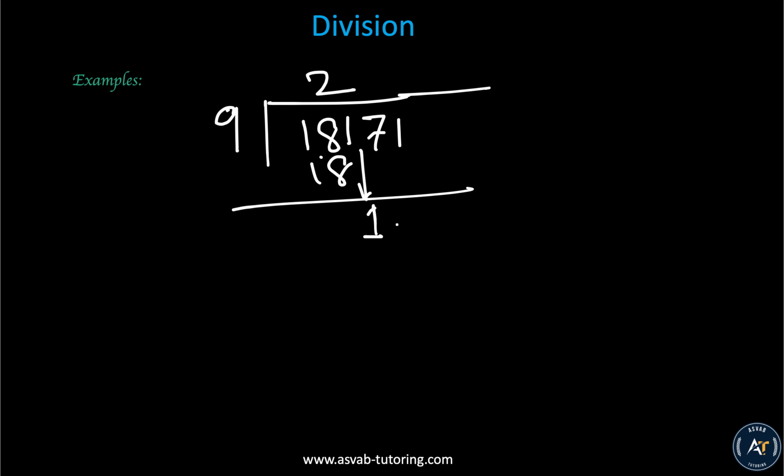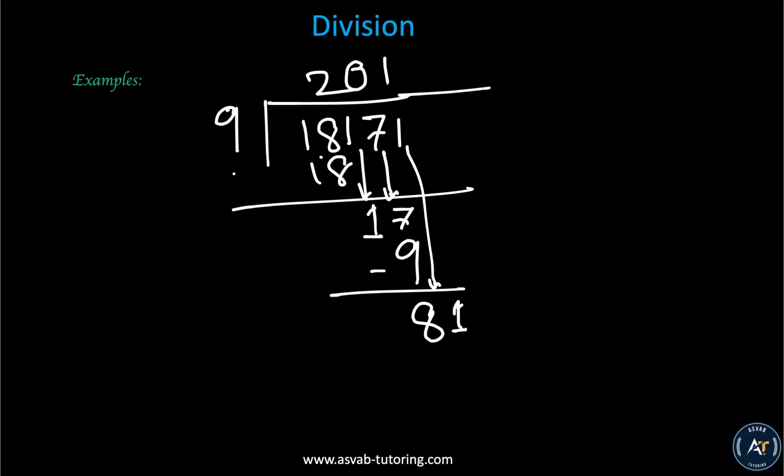You cannot bring 2 digits at a time. So now you see 9 doesn't go into 1. So what do you need to do? You need to put a 0 on the top. Then you can bring another digit, right? So now how many times does 9 go into 17? 9 times 2 is 18. It doesn't go twice, so you need to go 1 time. So 9 times 1 is 9. So 17 minus 9 is 8. And then bring this 1 down. So now how many times does 9 go into 81? 9 times, 81, right? So that's how it works.